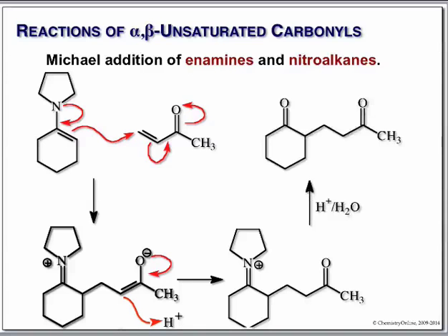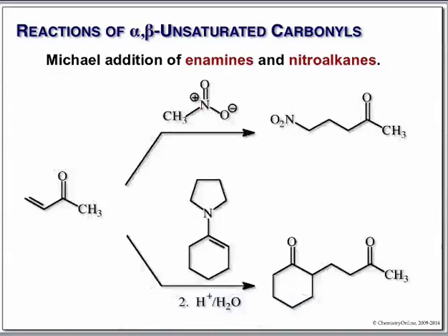So both of these are a little more sophisticated examples of Michael addition, but again, they all involve electron density attacking the beta carbon, collapsing our enolate. In this case, we have a hydrolysis step. Any questions?